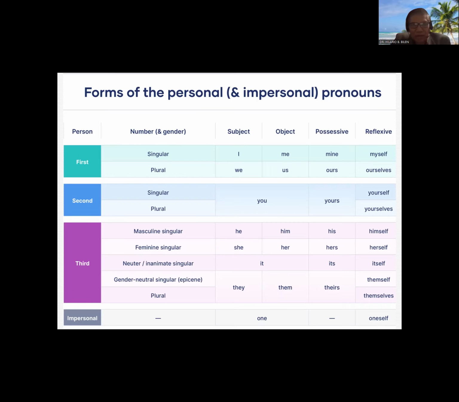We have the example here of the subject, the object, the possessive, and the reflexive. Okay? So I hope we know that. In the impersonal, we have the one and the oneself.